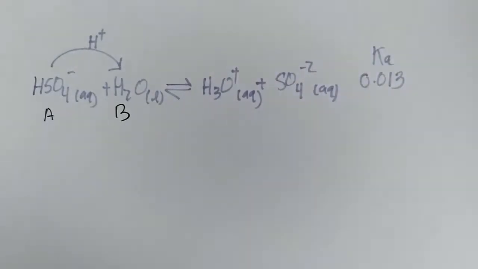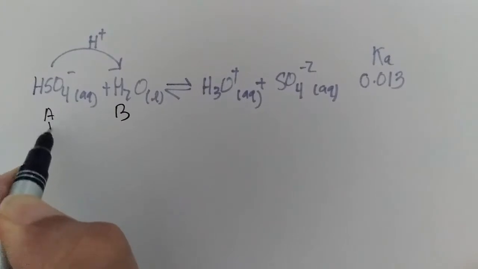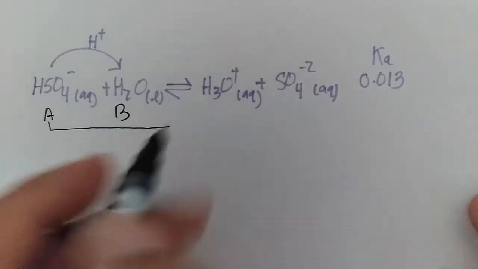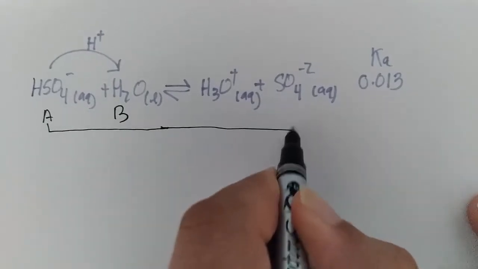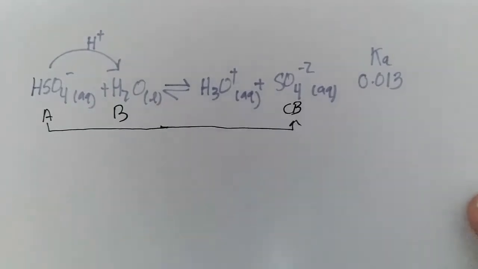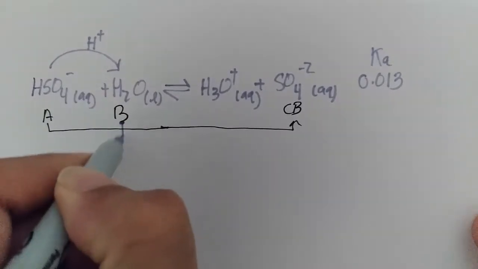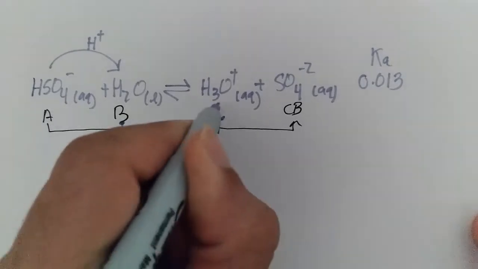Water can be acid and base, weak acid and weak base. HSO4 minus gives off that proton and becomes sulfate ion, the conjugate base partner. Water takes that proton and becomes hydronium ion, its corresponding conjugate acid.